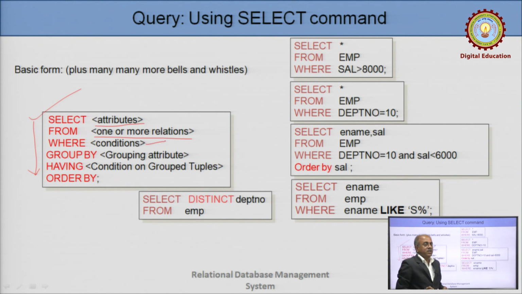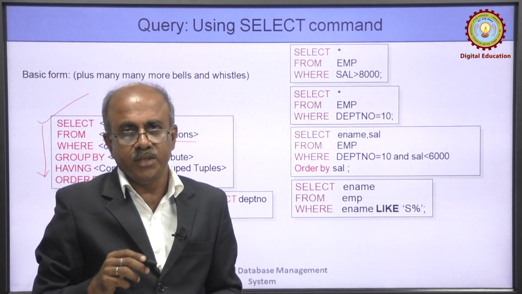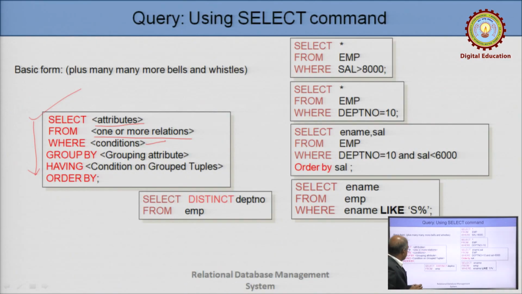For example, select those employees who are having salary more than 10,000. So, where salary greater than 10,000. Select employees who are working in department number 20 only. So, where department number is equal to 20.